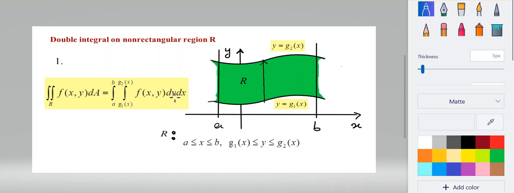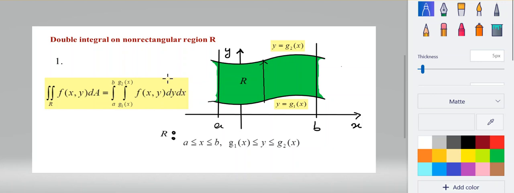Now, we are going to integrate first with respect to y. It means we view y as a variable, and everything other than y as a constant. Once we calculate this first integral with respect to y, whatever is left is a function of x.